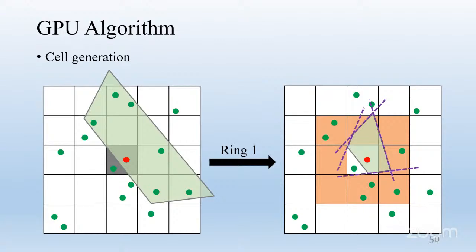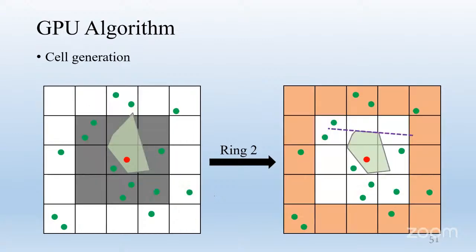The result is shown in the right figure. These clippings are in ring 1 of the central grid. Similarly, we continue to locate the grids in the ring 2 range of the central grid and visit points to construct bisectors and clip the cell.